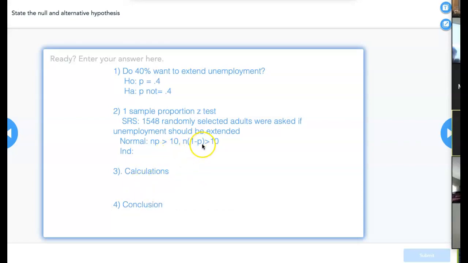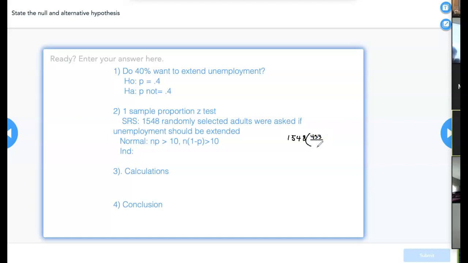All right, so for normal, n times p, n is 1548. So it's kind of interesting when we do the math. 1548 is n, and I wrote it in the simple random sample there. P is 433. 433 people said yes, extend unemployment.